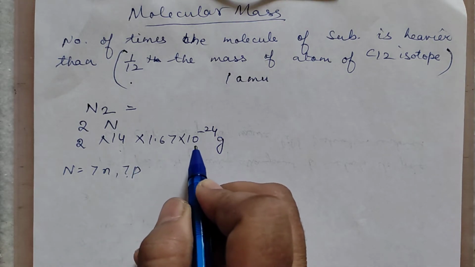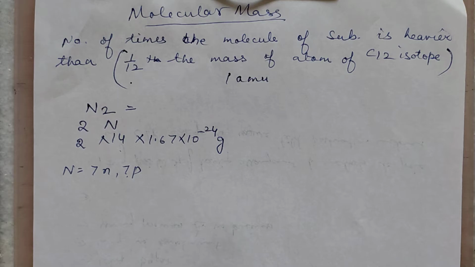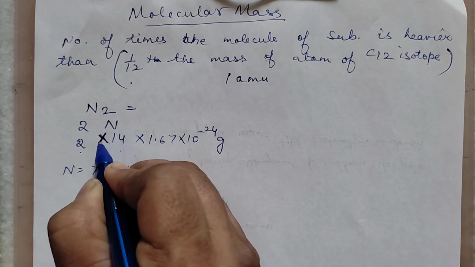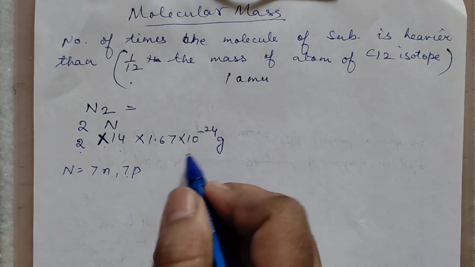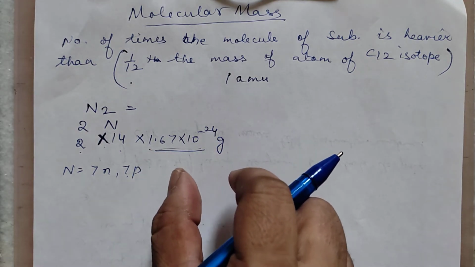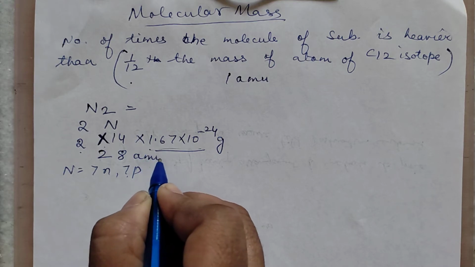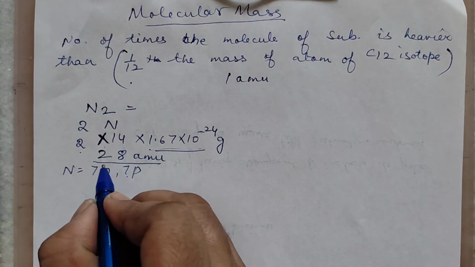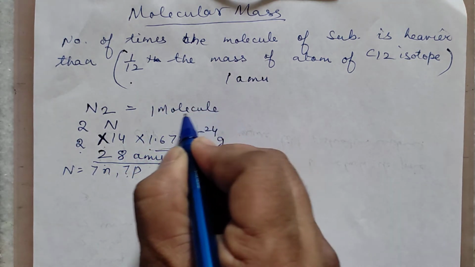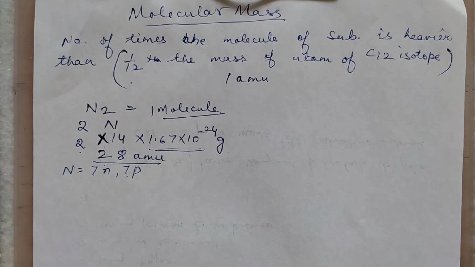This 1.67 into 10 to the power minus 24 gram is also AMU. That means we can write it as 28 AMU. That is the mass of one molecule of nitrogen, N2.